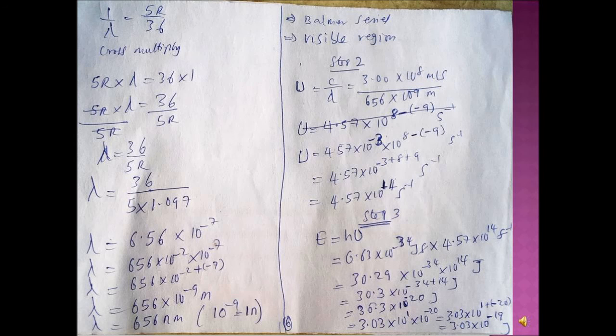So when you multiply 6.63 by 4.57, you get 30.29 times 10 to the power minus 34 times 10 to the power 14. So at the end of the whole process of solving for energy, we got 3.03 times 10 to the power minus 19.